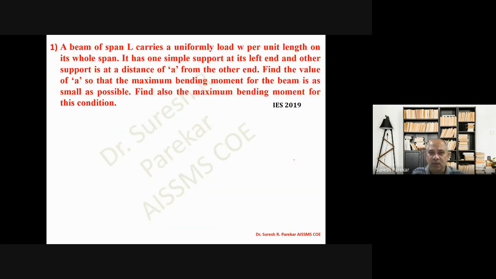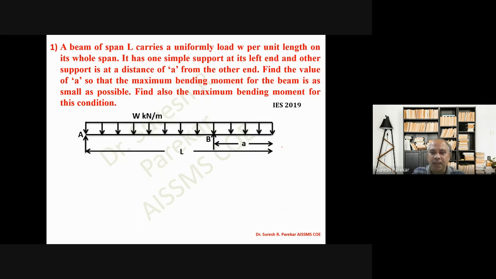This question was asked in the IES examination, and we have to find the value of A, which is the overhang, in such a way that we get the maximum bending moment to be minimum.